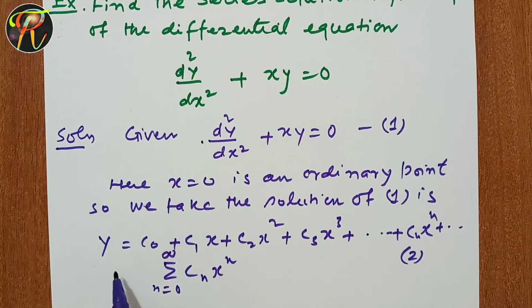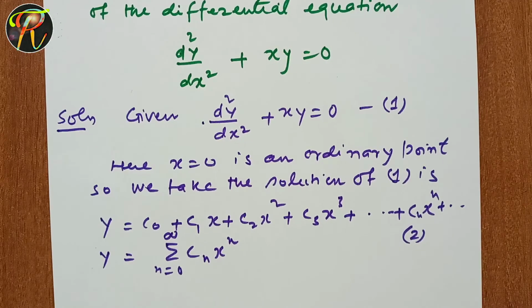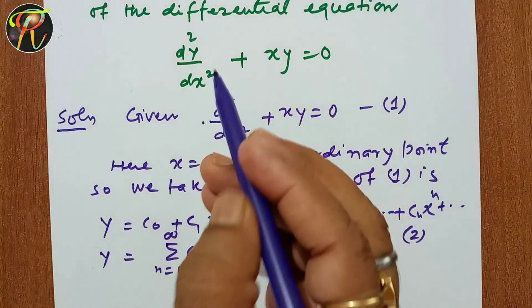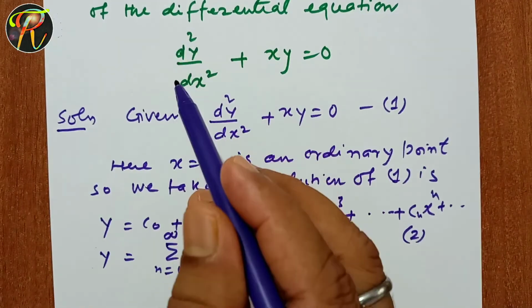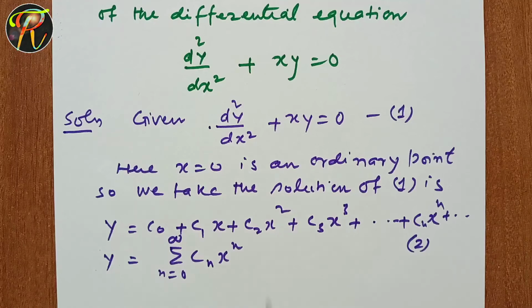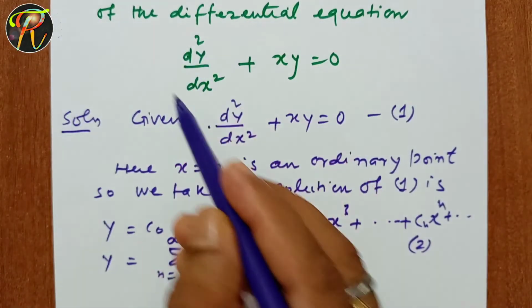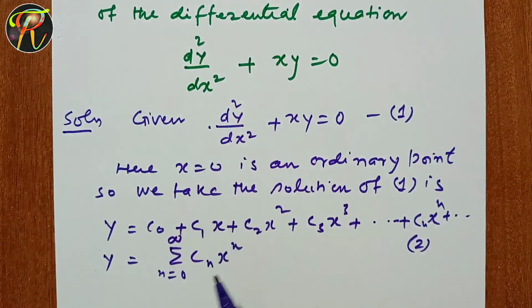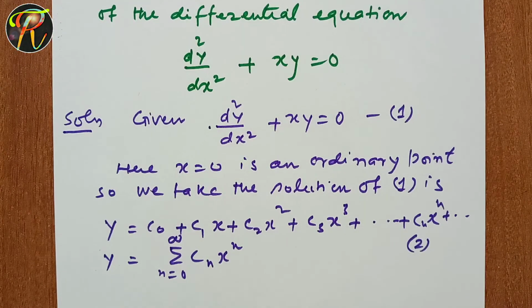Now, since the given differential equation is of order 2, our solution will contain only two constants.